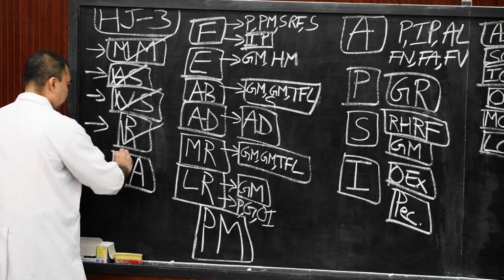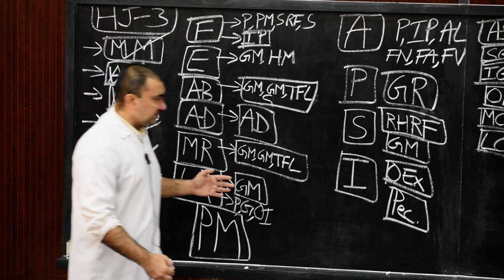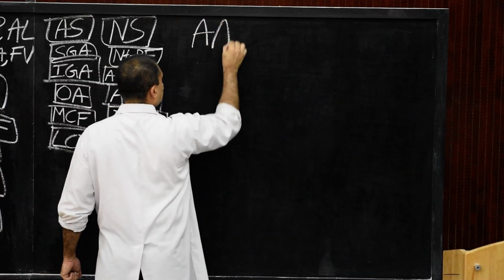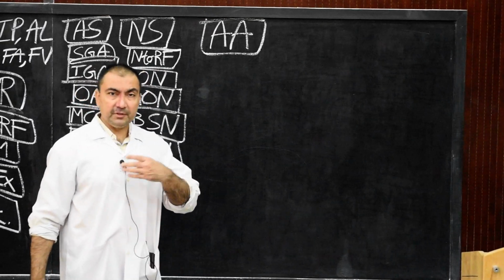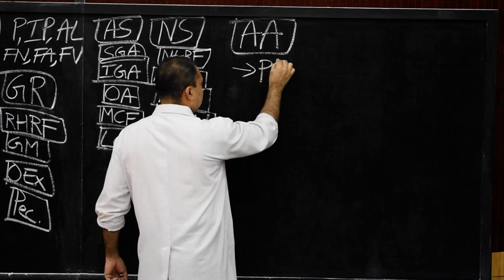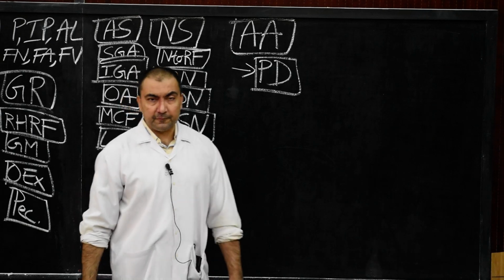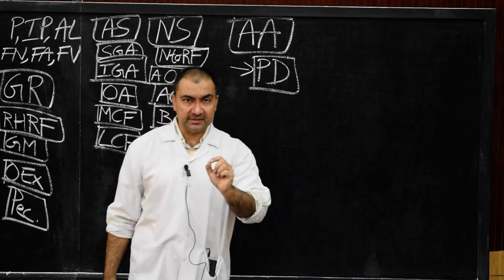Now the last point will be the applied anatomy. In the applied anatomy, what you need to remember will be number 1, Perthes disease. The spelling will be Perthes. Now for this Perthes disease you need to mention only 1 or 2 points.